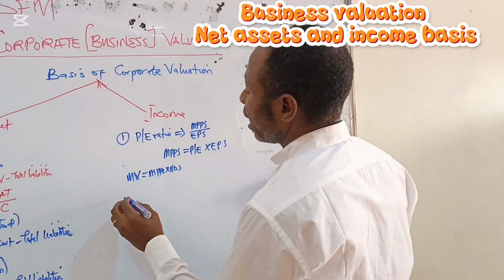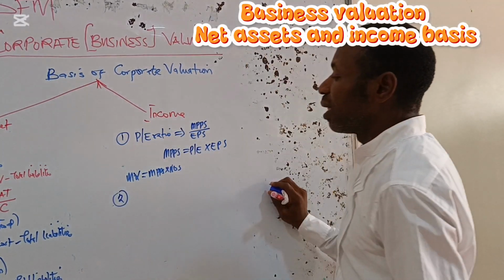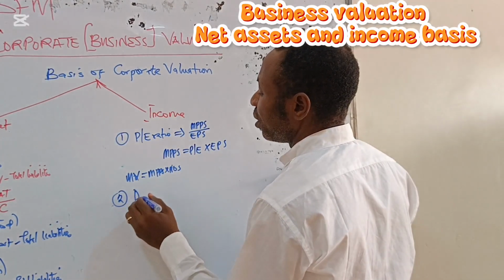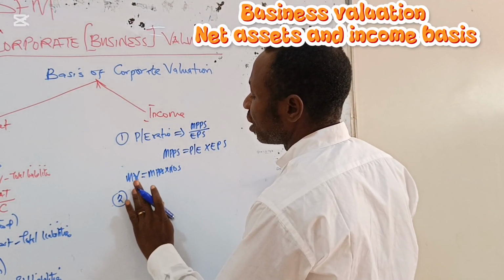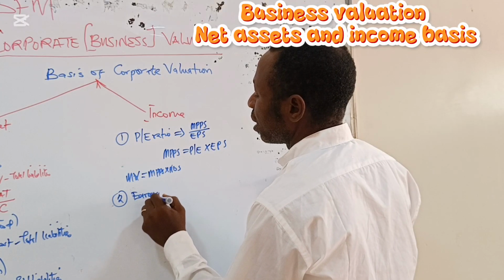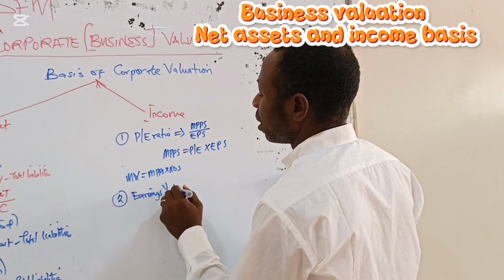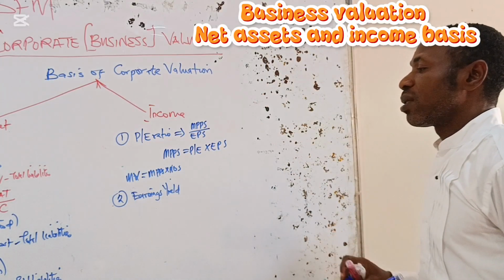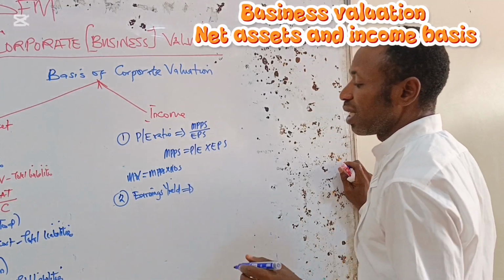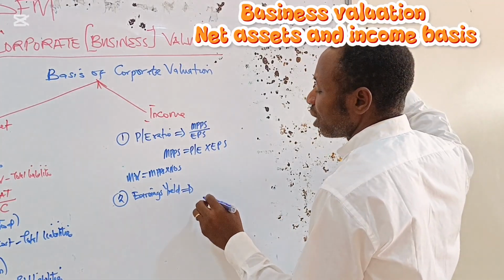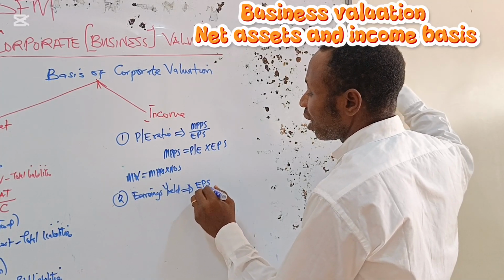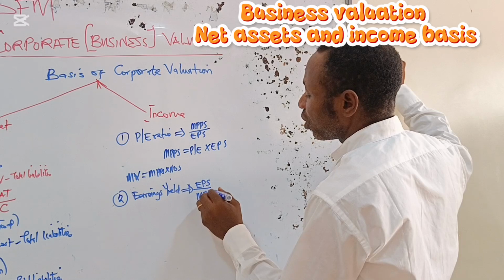Then the next method here is the earnings yield. This method, as I said, looks from the perspective of business analysis ratio. Earnings yield, as we know it in business, is earnings per share all over market price per share.